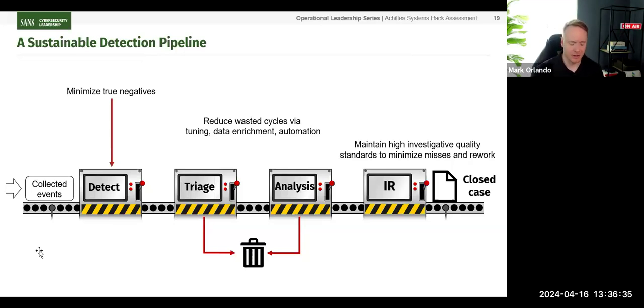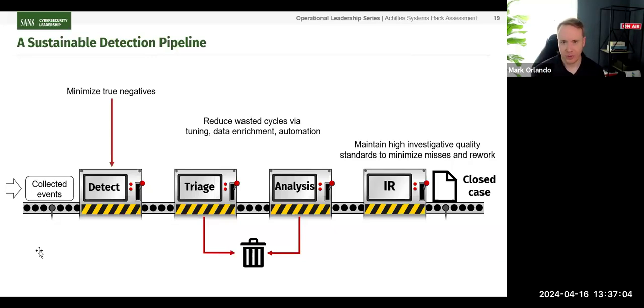So we have detection, triage, investigation, response, right? Each function has to work well in order for the next function to have what it needs to work well, right? And ultimately, we want to get to that closed case. We want to identify those incidents and remediate them before there's an impact, or at least minimized impact. So we need to think about the efficiency and the effectiveness of each step in this process or in this detection pipeline.